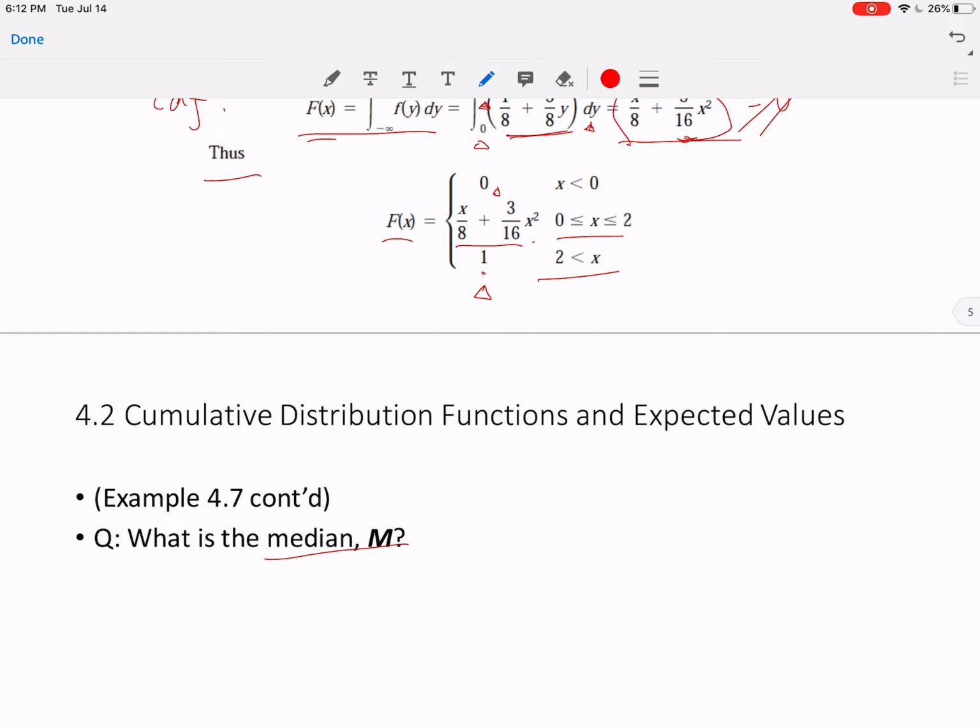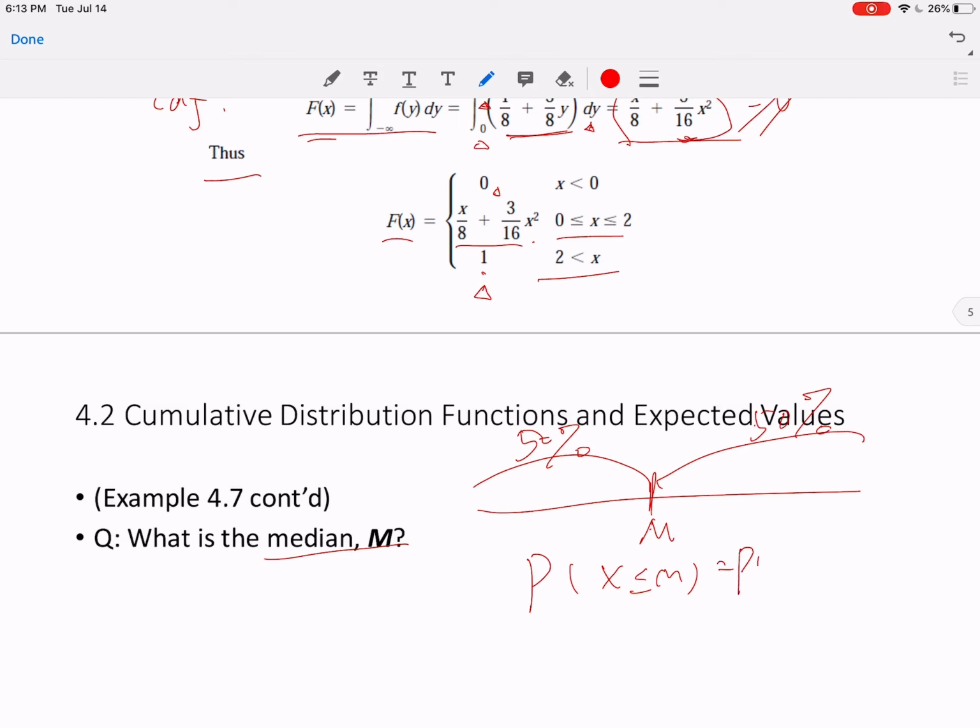Based on what we learned in chapter 1, the median splits the whole data set into the bottom 50% and the top 50%. In other words, the probability to the left of the median would be equal to the probability to the right of the median, which is 0.5, because the median splits the whole data set 50-50.